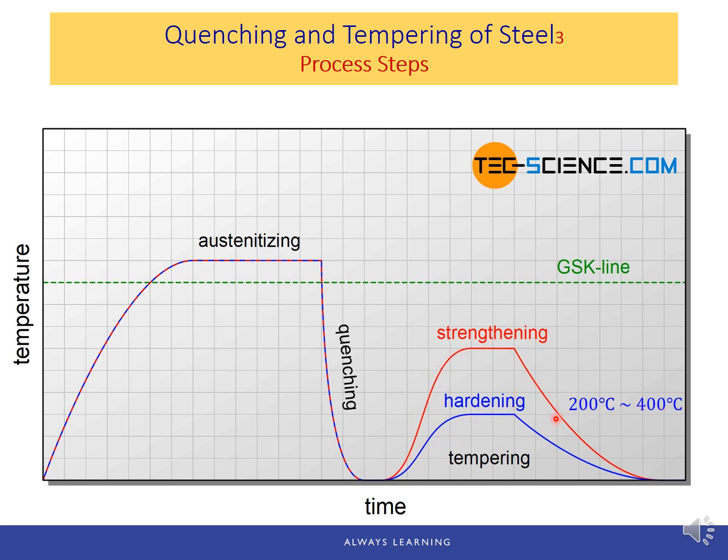At lower temperature, between 200 degrees Celsius to 400 degrees Celsius, the resultant material is harder but more brittle. So this tempering process is hardening process. Or the tempering can be at a higher temperature, between 550 to 7 degrees Celsius.